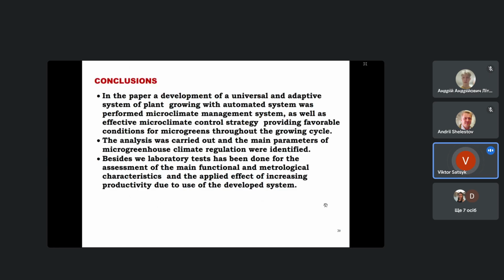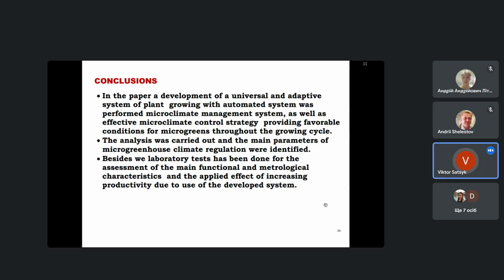So in our conclusion, in the paper, development of a universal and adaptive system of plant growing with an automated microclimate management system was performed, as well as an effective microclimate control strategy, providing favorable conditions for microgreens to suit the growing cycle.